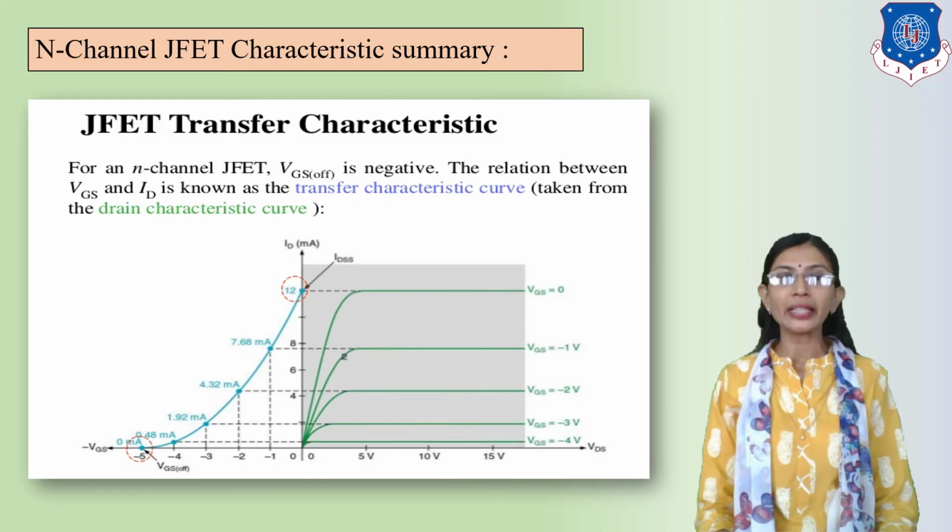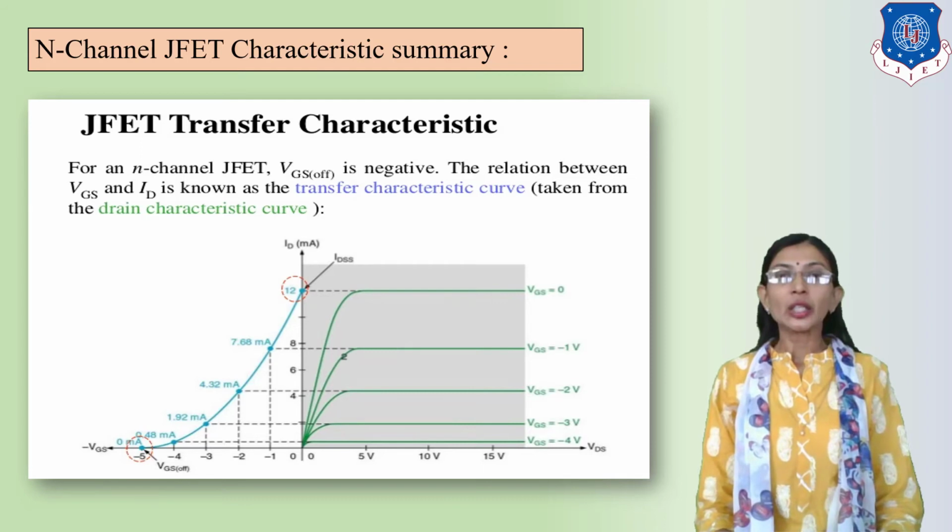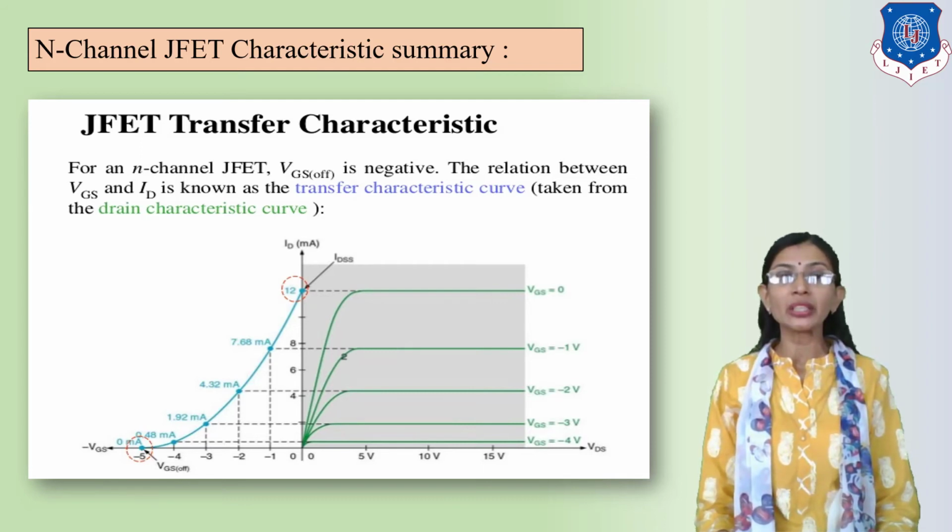I have drawn both the characteristics simultaneously for correlating the parameters. The common parameter that I am talking about is ID, that is drain current. So we are talking about ID versus VDS, that is output characteristic, drain characteristic, and ID versus VGS, minus VGS, that is input characteristic. So you can see that ID is maximum when VGS equal to 0, and at some particular voltage of VGS, negative VP, minus VP at pinch off voltage, we will have ID equal to 0, that is the cutoff region.